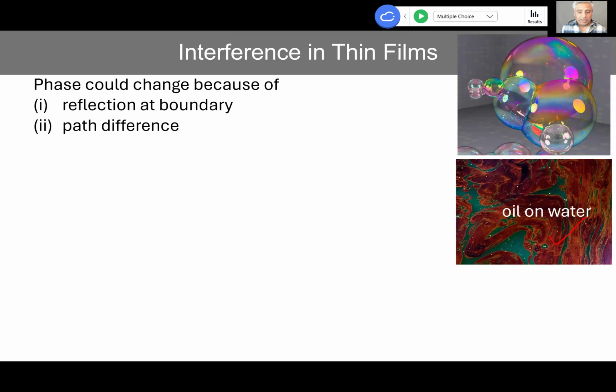So what we learned is that phase could change because of the reflection at a boundary, and we learned when it changes. It changes when it goes from a lower refractive index boundary to a higher refractive index, and it could change due to path difference as well.